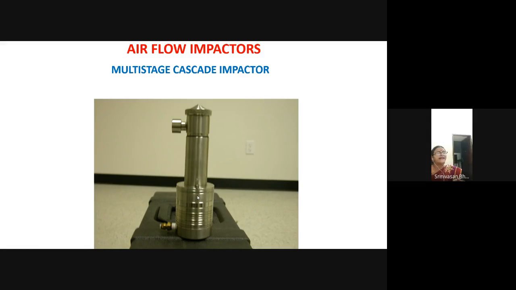There are 9 stages in this cascade impactor, the weight of this sampler is 2 kg, the height is 28 centimeters, and the diameter is 6.4 cm. There are 9 stages in this sampler, and each stage has a radial slot.